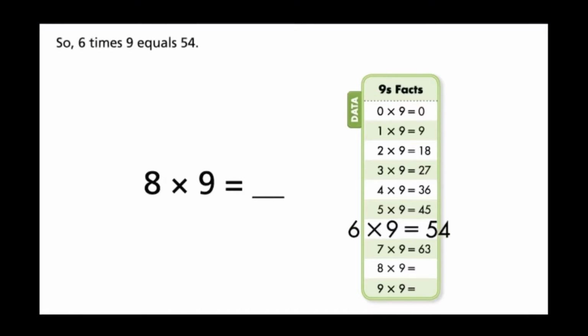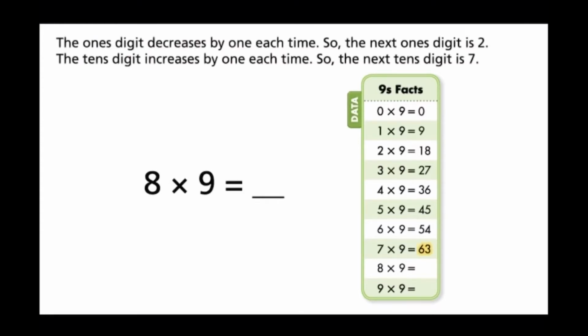So 6 times 9 equals 54. Continue the pattern and find 8 times 9. The ones digit decreases by 1 each time, so the next ones digit is 2. The tens digit increases by 1 each time, so the next tens digit is 7.